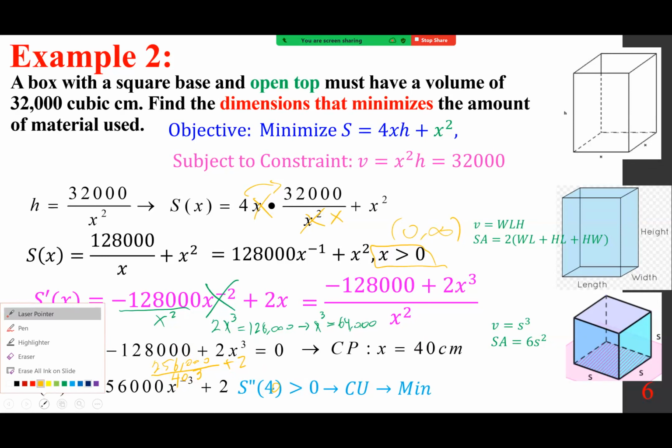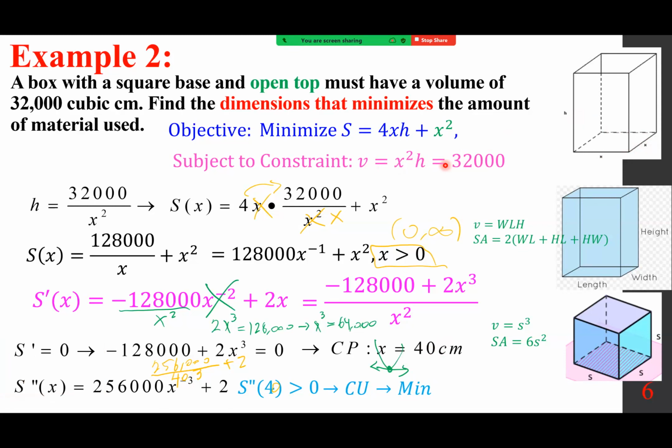Let's do the drawing here. Concave up looks like that. And the minimum occurs at this point when x is 40. So what is h? Well, if x is 40, we have 40 times 40. What is h?